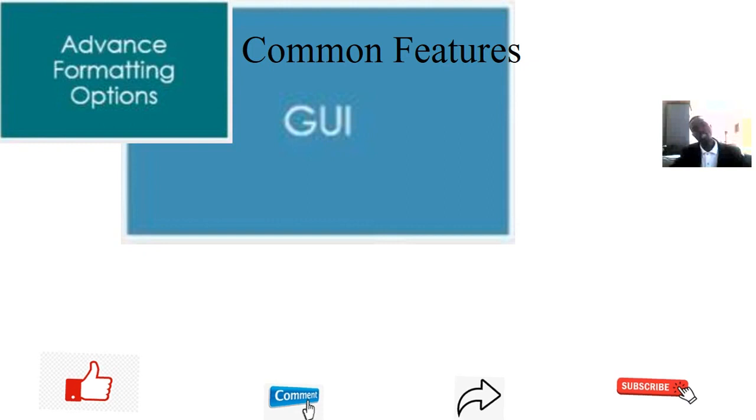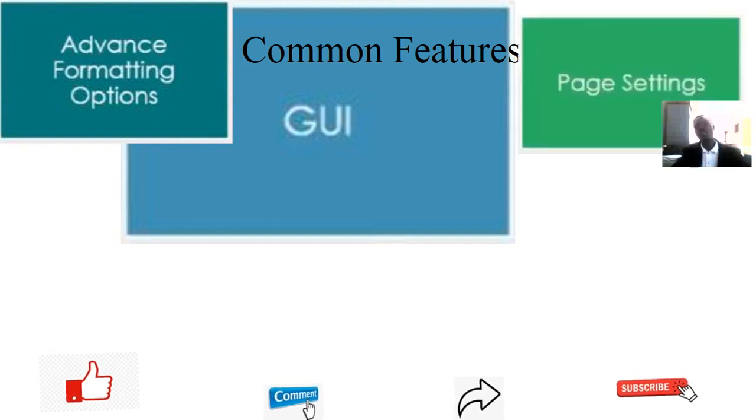The next feature is a graphical user interface. You will see when we start to work with Microsoft Office Word that it has a very friendly graphical user interface. The next thing is page settings. Each and every word processor must have perfect page settings.